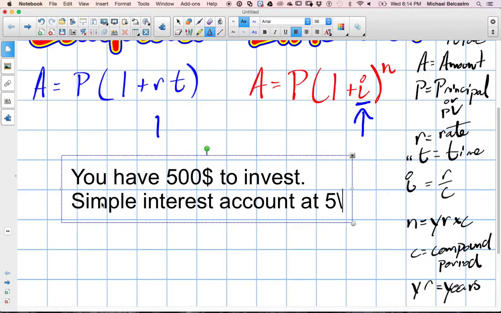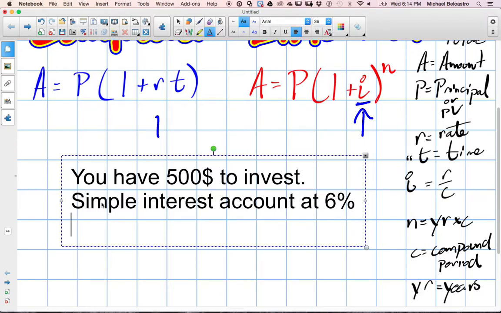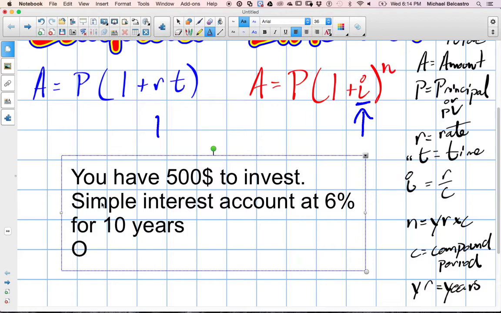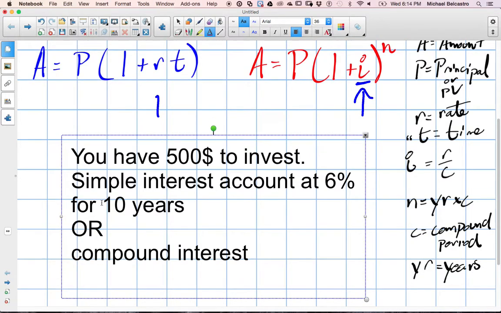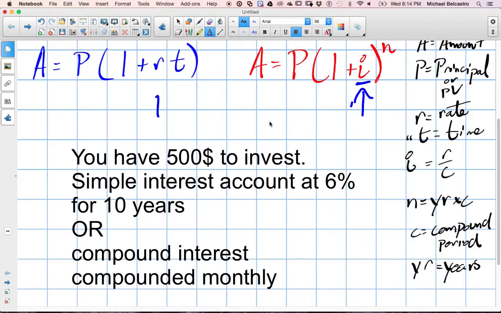We'll use some easy numbers. Actually, we'll go 6%, so it's a little different from 500. At 6% for 10 years. Or compound interest. We'll say everything is the same above. Compound interest, but compounded monthly. Probably should have written that before, but whatever.